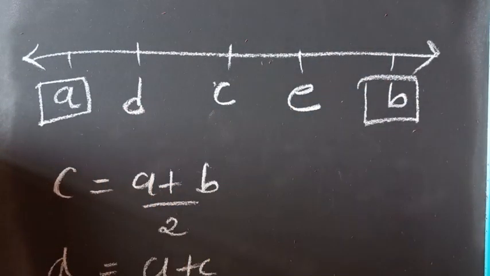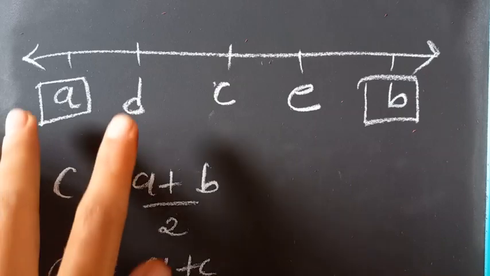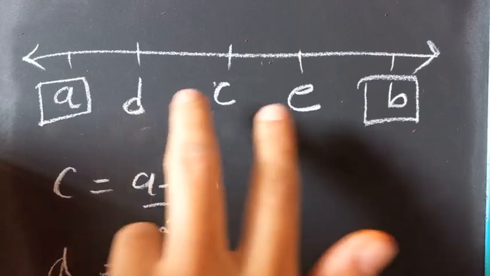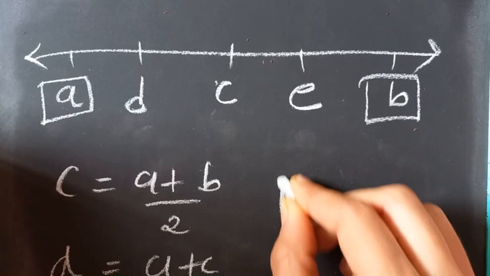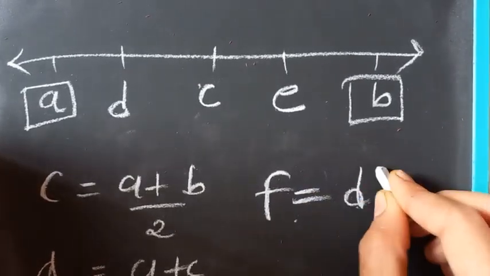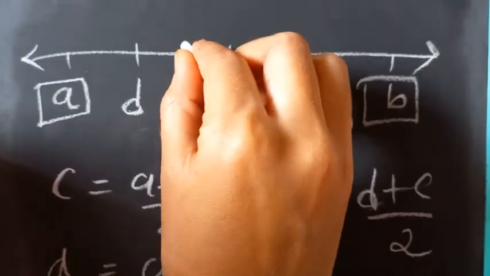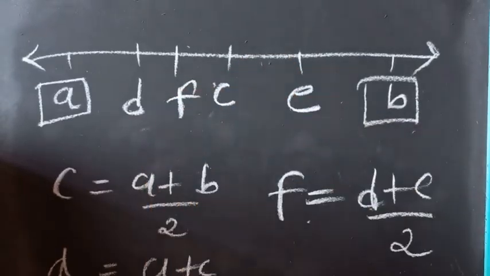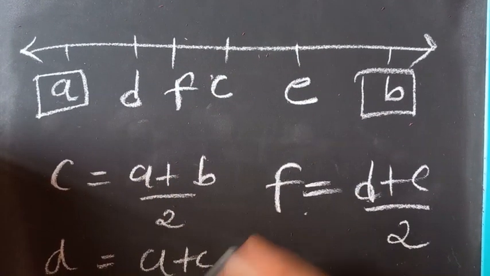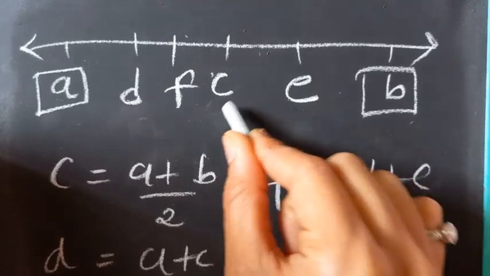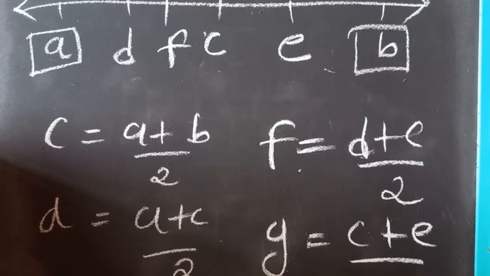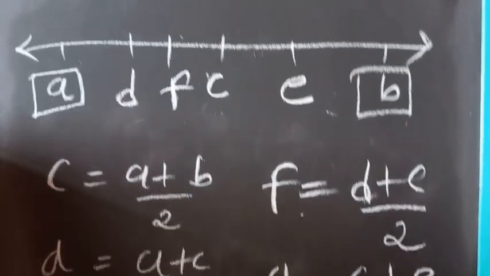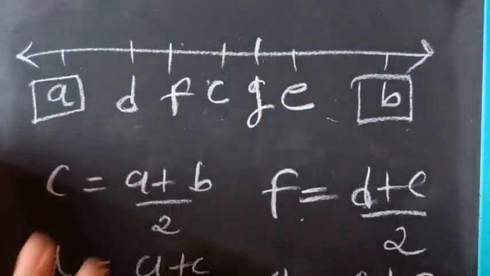If you are asked to write 5 rational numbers, you can take the mean of any of these pairs. Let's take the mean of d and c. Say f is the mean of d and c. Now we have 4 rational numbers. In the same way, let's take the mean of c and e. It is g, where (c + e)/2 is the mean of c and e. Now finally we have 5 rational numbers.